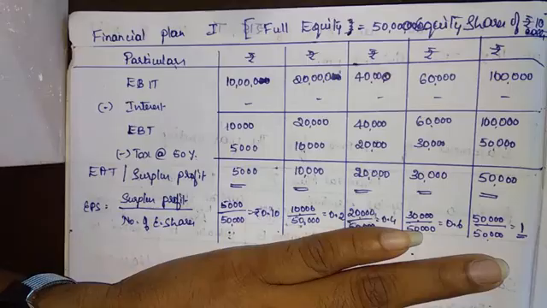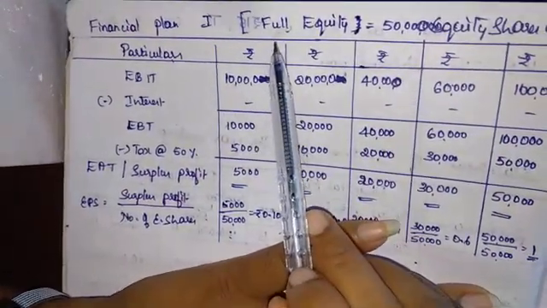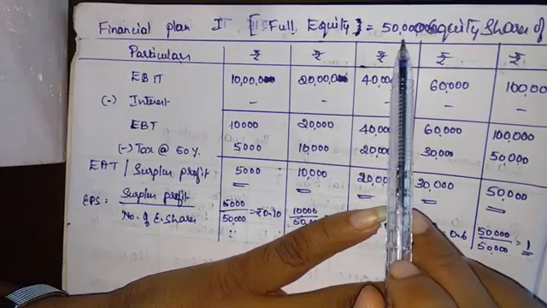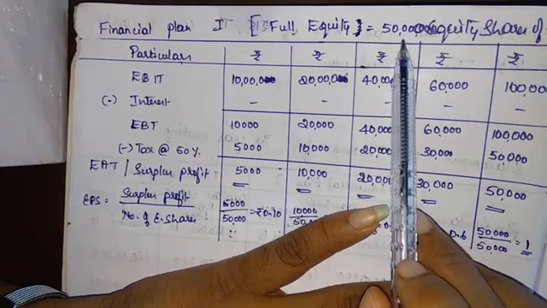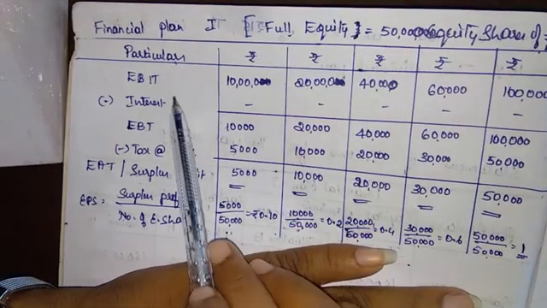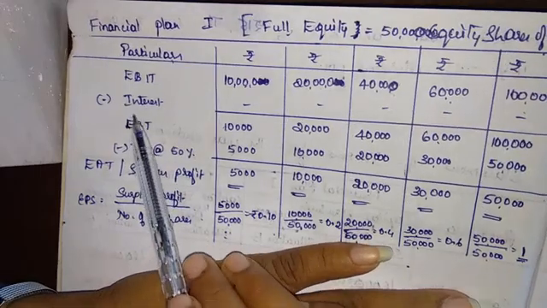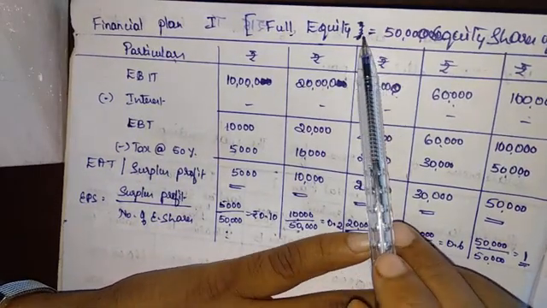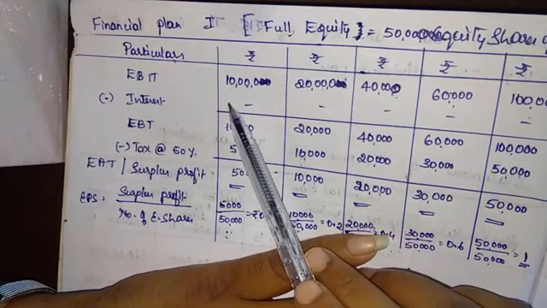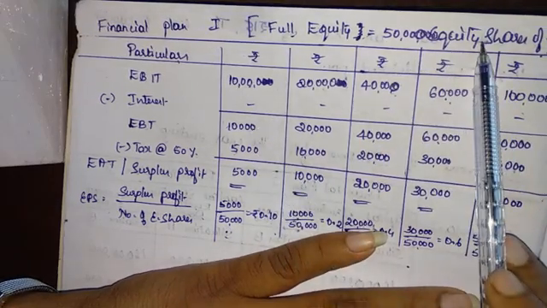Financial plan 1: full equity. That means the entire 5 lakh is raised by issuing 50,000 equity shares of 10 each. EBIT is 10,000, 20,000, 40,000, 60,000 and 1 lakh. Less interest: this plan consists only of equity, so there is no interest to deduct from EBIT because it has only equity shares, no debt.